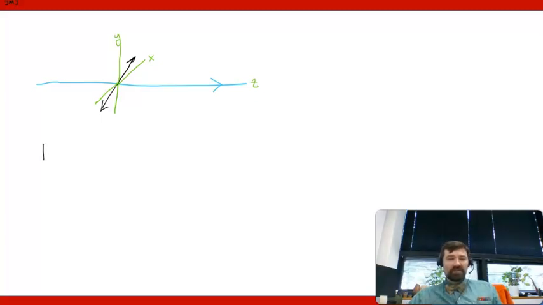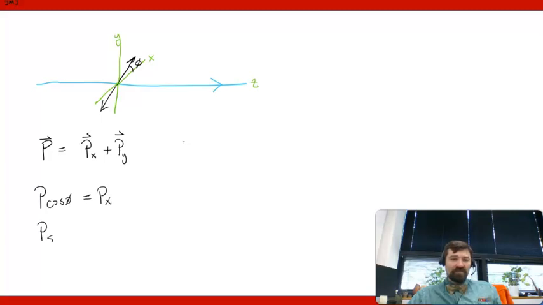My polarization direction, which I'm just going to represent as a capital P, should be p sub x plus p sub y as a vector sum. All right, that means that there exists some angle, we'll call it phi, such that p times cosine phi is equal to p_x, and p times sine of phi is equal to p_y.